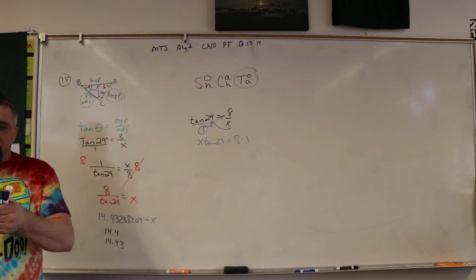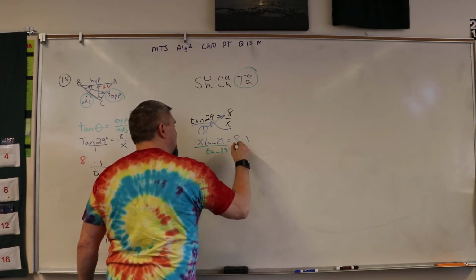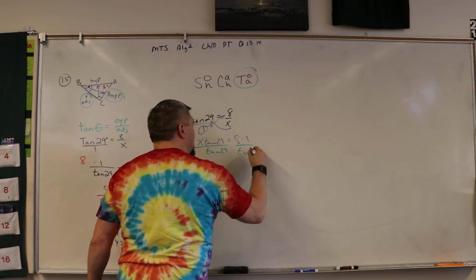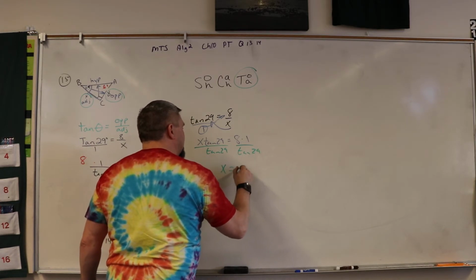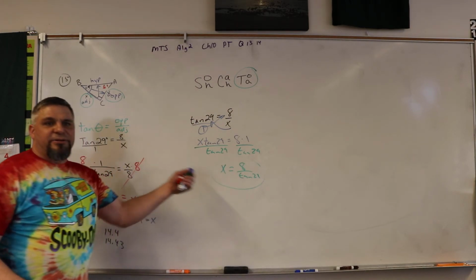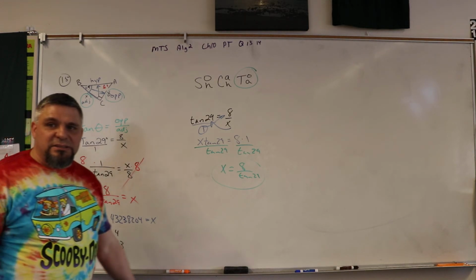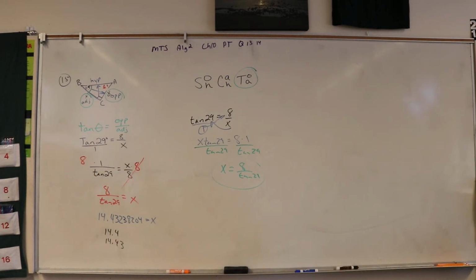And then I'm going to divide by tangent 29, and I get x is equal to 8 over tangent 29. Either way is fine. They're still the same. I like to flip it. That's just my way. So you can choose to do either way.